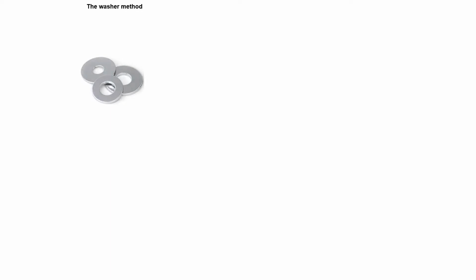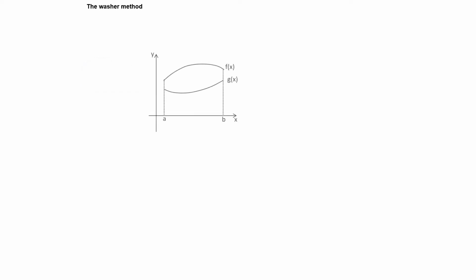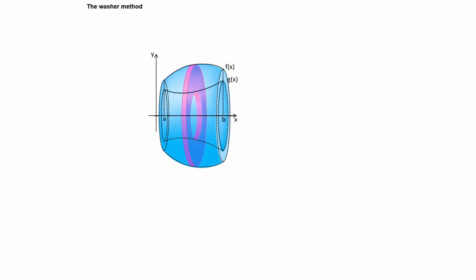For example, consider the region bounded above by the graph of the function f of x and below by the graph of the function g of x over the interval from a to b, where f of x is greater than g of x. When this region is revolved around the x-axis, the result is a solid with a cavity in the middle, and the slices are washers.